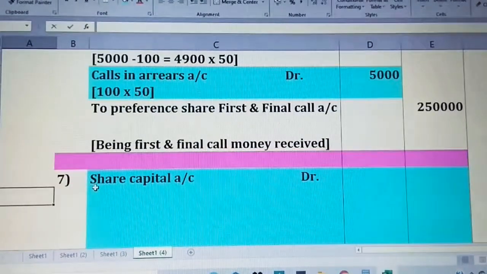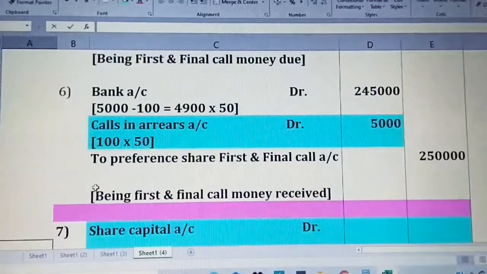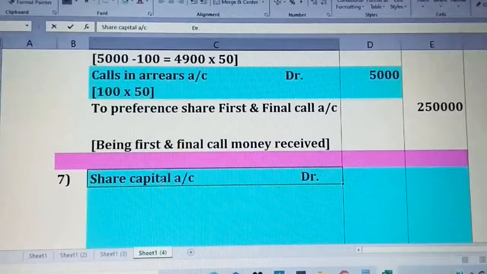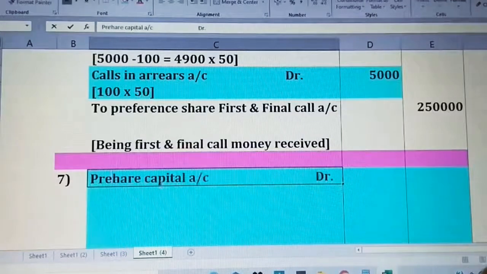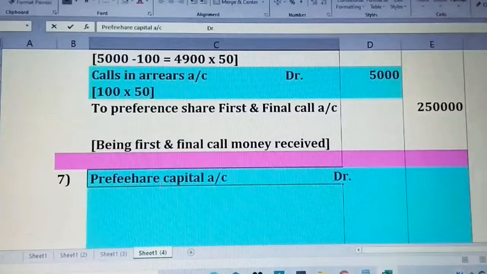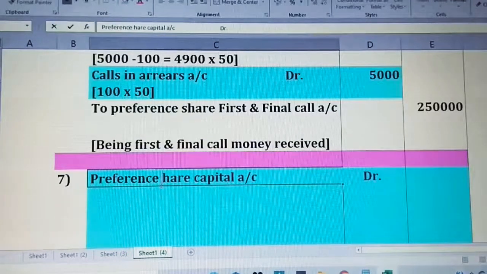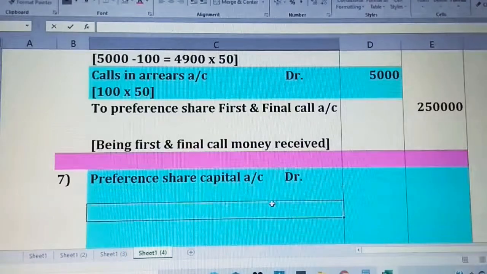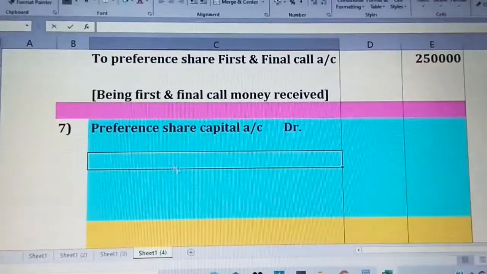Yes, next. Going for the next entry, we are going to go for the cancellation entry. Because of this 100 calls in arrears, we are going to cancel. Preference share capital account debit.